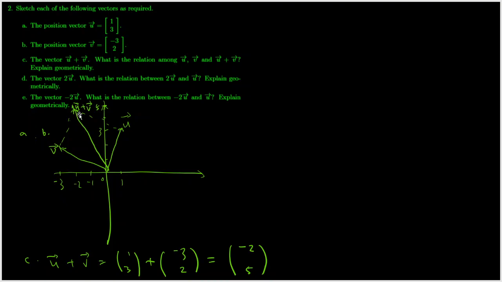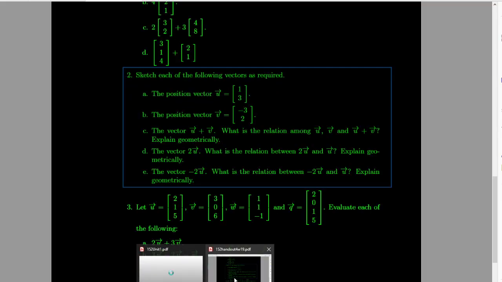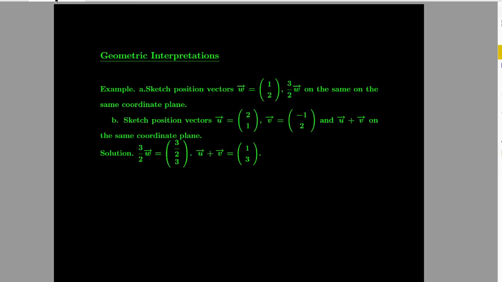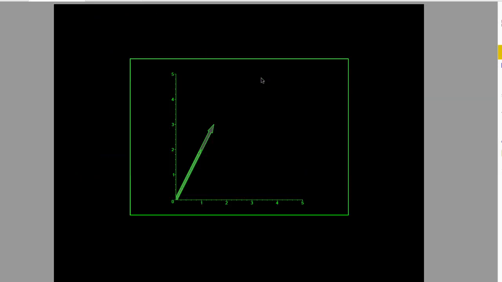Does that make sense? And then the sum of the two vectors is a diagonal of the parallelogram. If I did not say anything very perfectly, I think it's in the course manual.